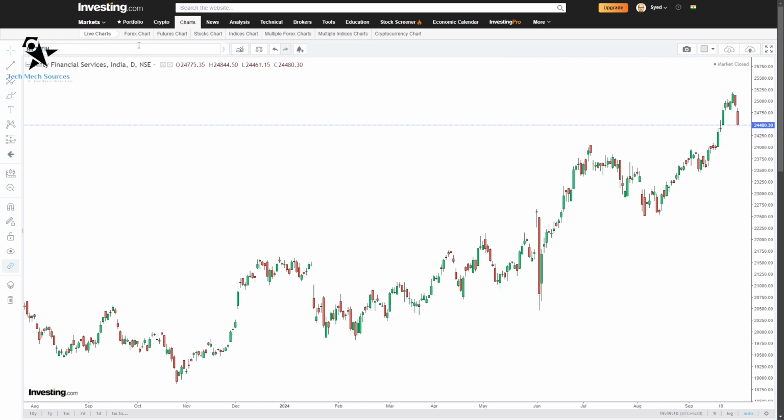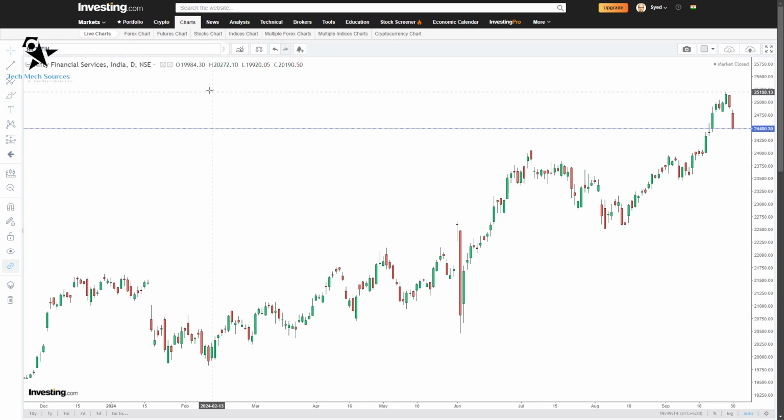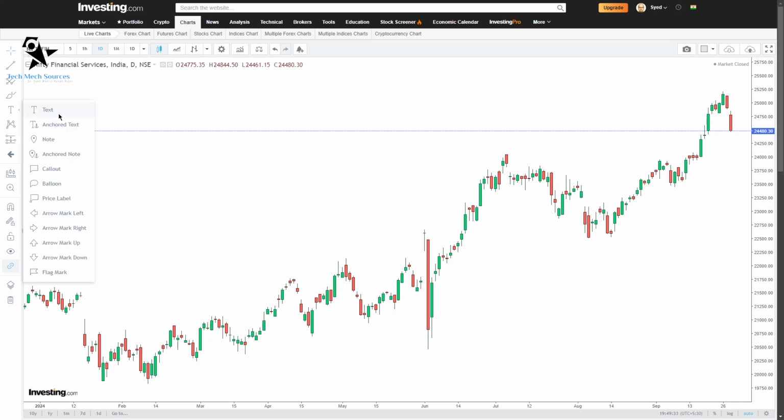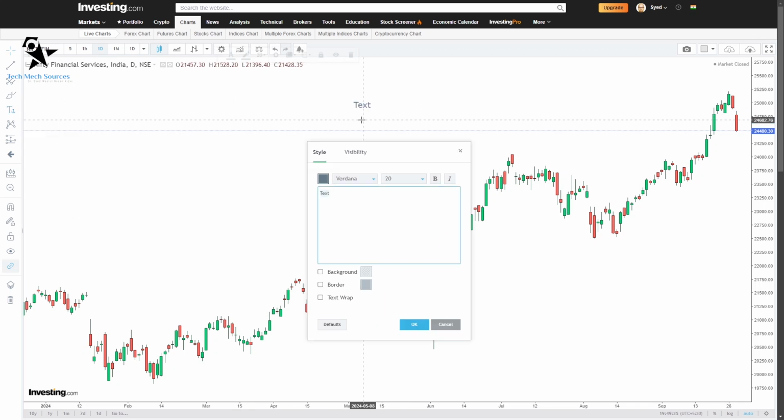So if we see the chart here, this is the daily chart, shown as D here, and Nifty Financial Services gives you the idea of where the support and the resistance are. So let me bring in an anchor text and let me make it 28.